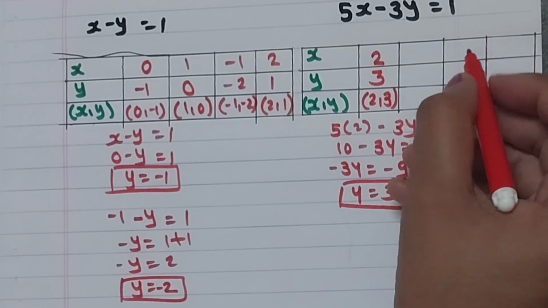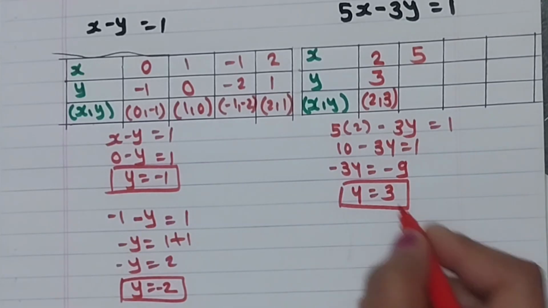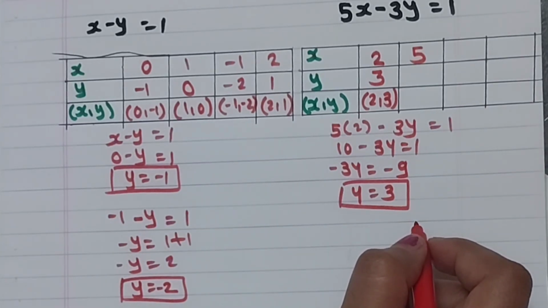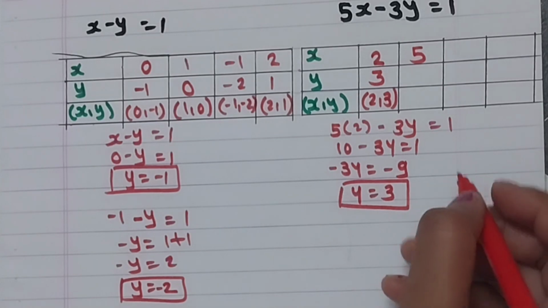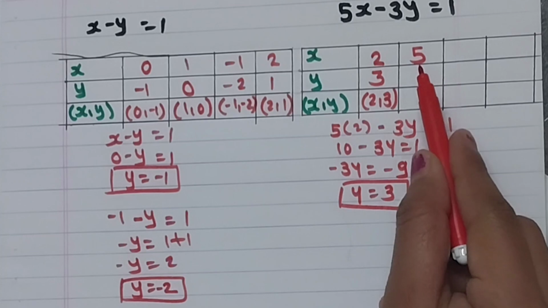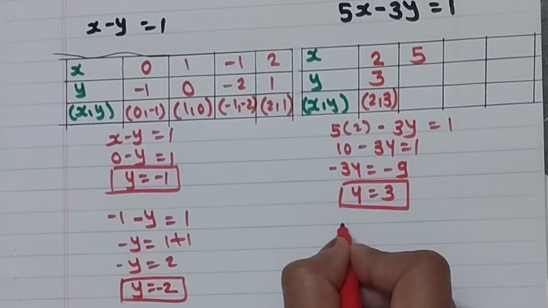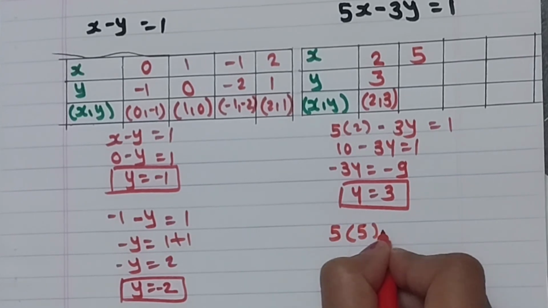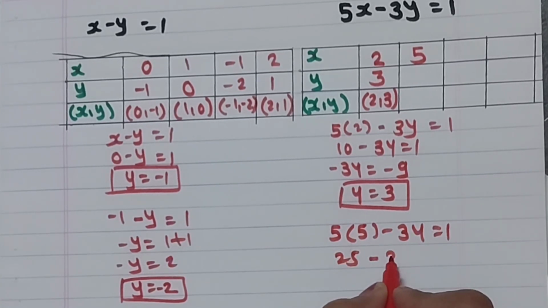So if we take here x is equal to 5, so 5 into 5 minus 3y is equal to 1. 5 fives are 25, minus 3y is equal to 1.